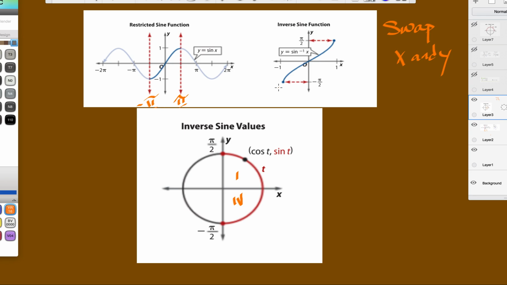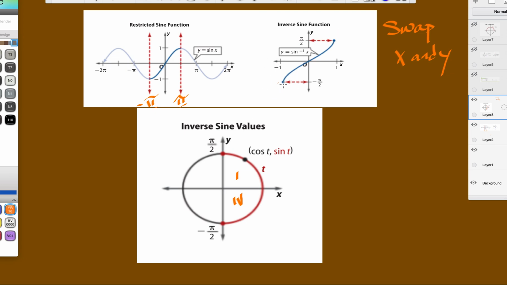So if we look here, the domain, the x's, is negative pi over 2 to pi over 2. When we draw it here, look at how it's negative pi over 2 to pi over 2, these are our y's. And then our x's are 1 and negative 1. Okay, and so that's what it looks like.